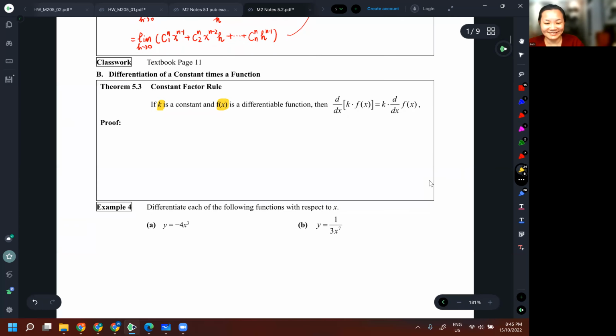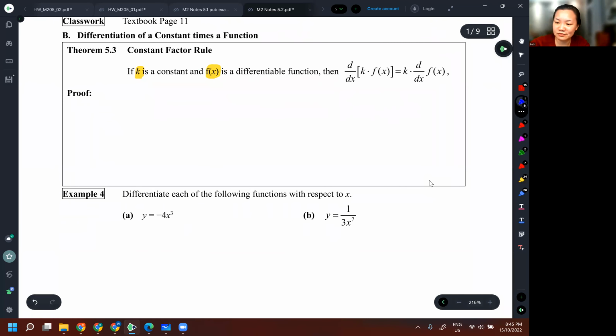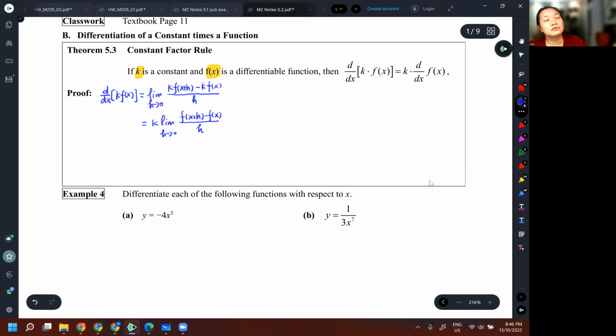This also needs to be proven. It's boring, but I'll prove it. d/dx of kf through first principle is the limit of kf of x plus h minus kf of x, divided by h. And that is equal to k times the limit of f of x plus h minus f of x, divided by h.